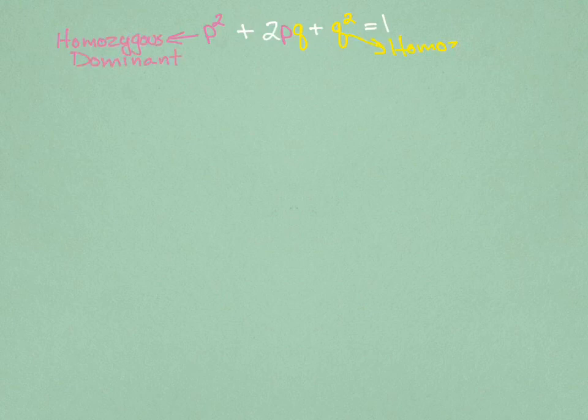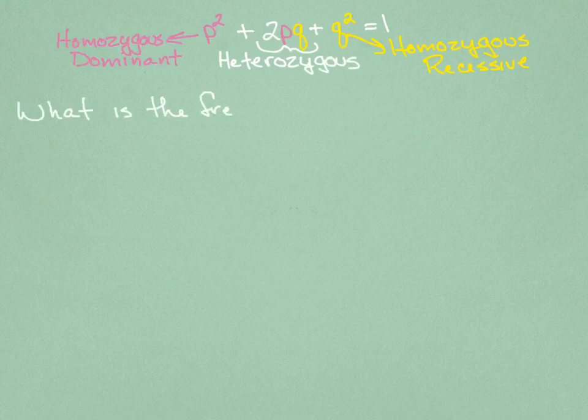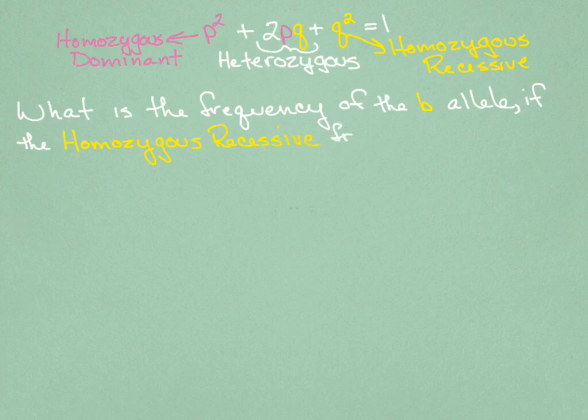So here's our formula. I'll keep it up there for us as a reference. And here's our question. What is the frequency of the B allele if the homozygous recessive frequency is 10%?